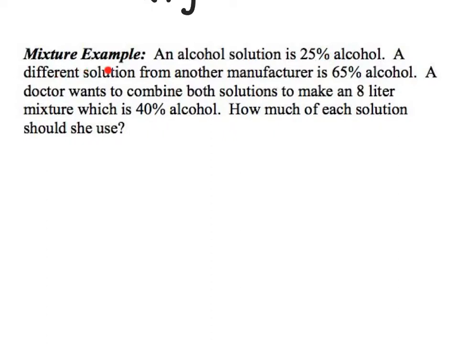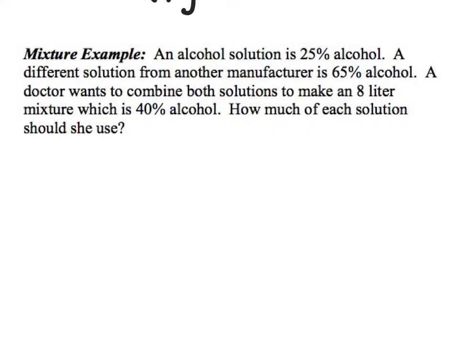A different solution from another manufacturer is 65% alcohol. A doctor wants to combine both solutions to make an 8-liter mixture, which is a combined 40% alcohol. How much of each solution should she use?